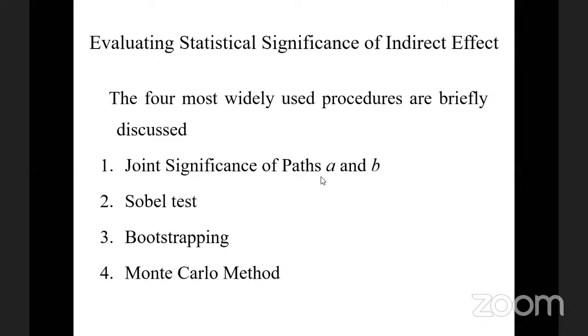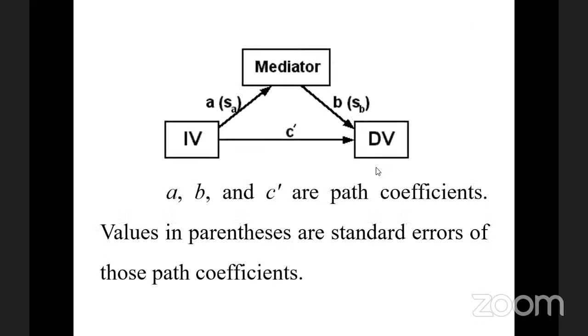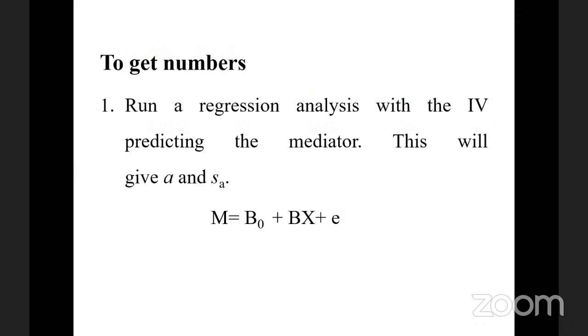There are four procedures to find the indirect effect: joint significance, Sobel test, bootstrapping, and Monte Carlo. We will focus only on the Sobel test. The rest of the methods can be done by other software. So I will focus only on the Sobel test and how to perform the indirect effect. So these are the processes.